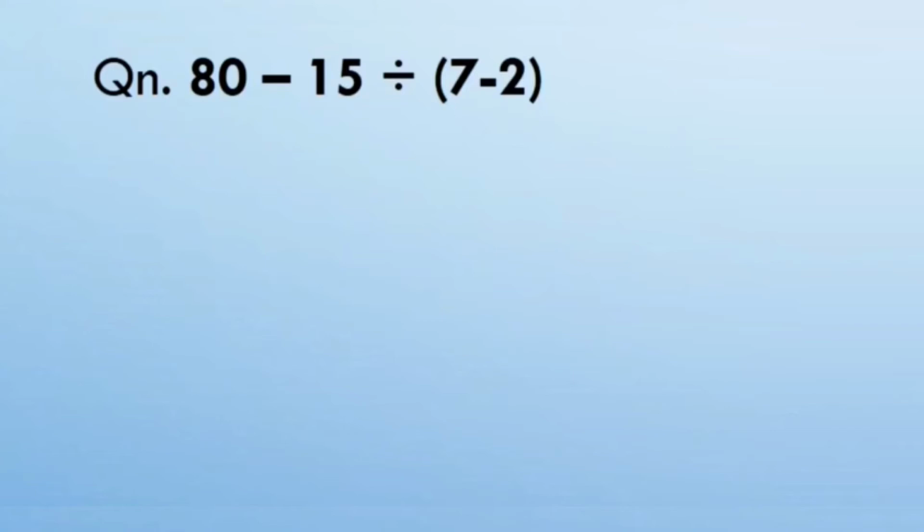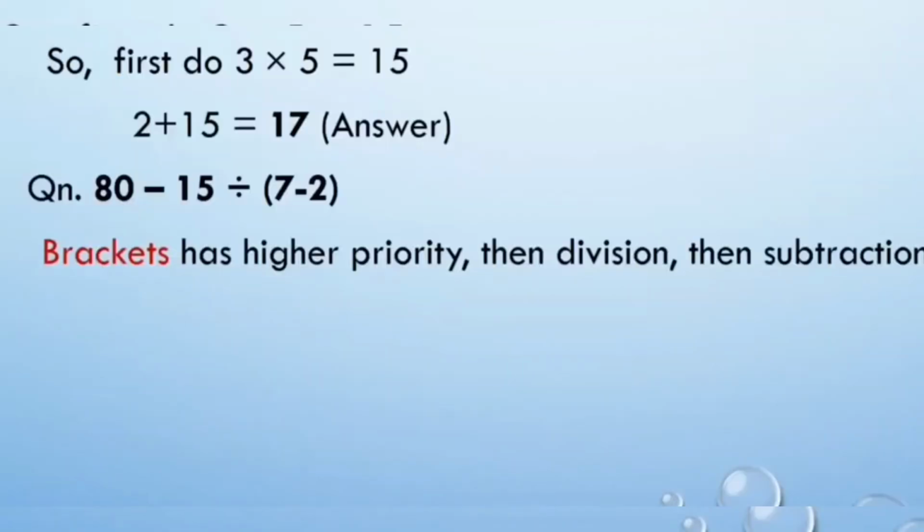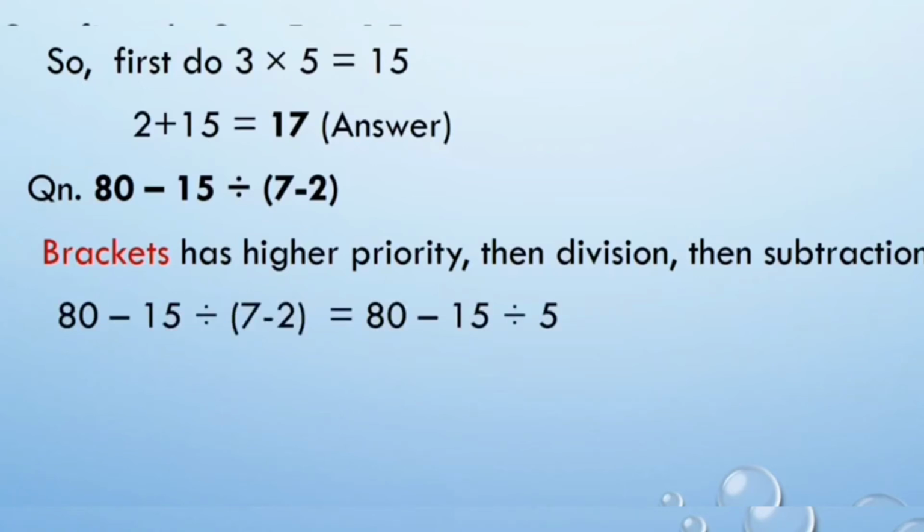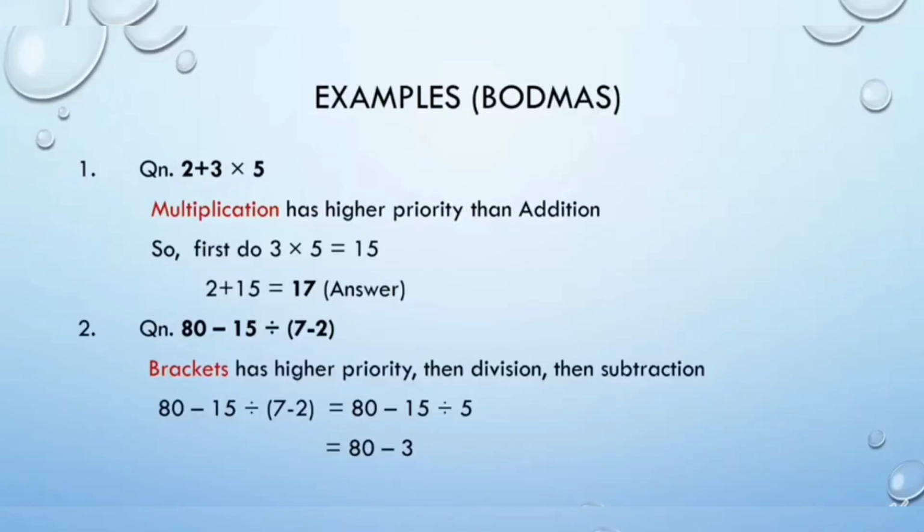Then we have a minus and division. Division has more priority than subtraction. So we have to do division, then subtraction. So here the order of operation is first bracket, then division, then subtraction. So the answer is 77.